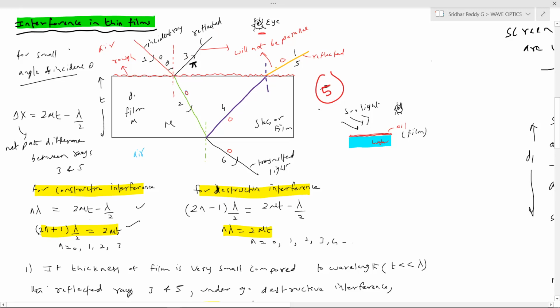This will be a denser medium and this particular air will be, let me write it here, a rarer medium. Okay, got it.